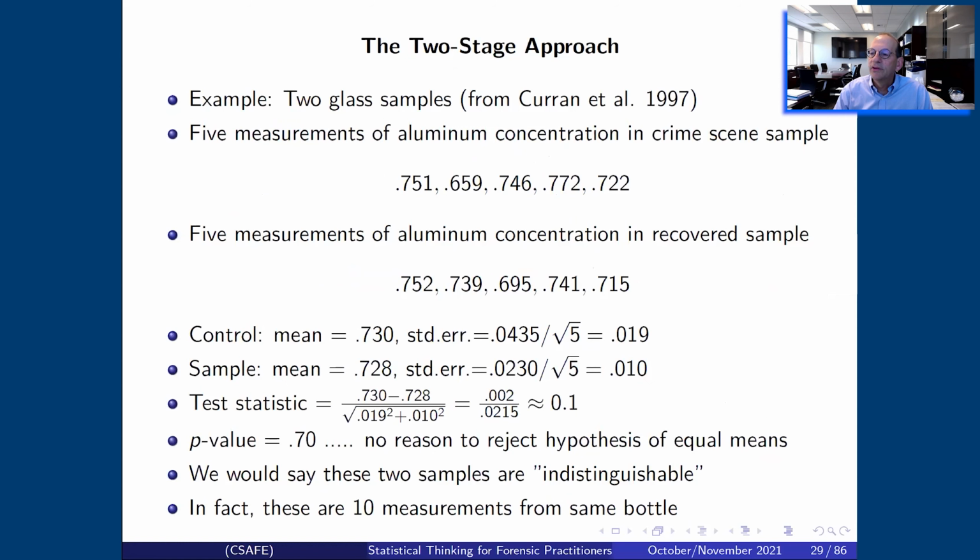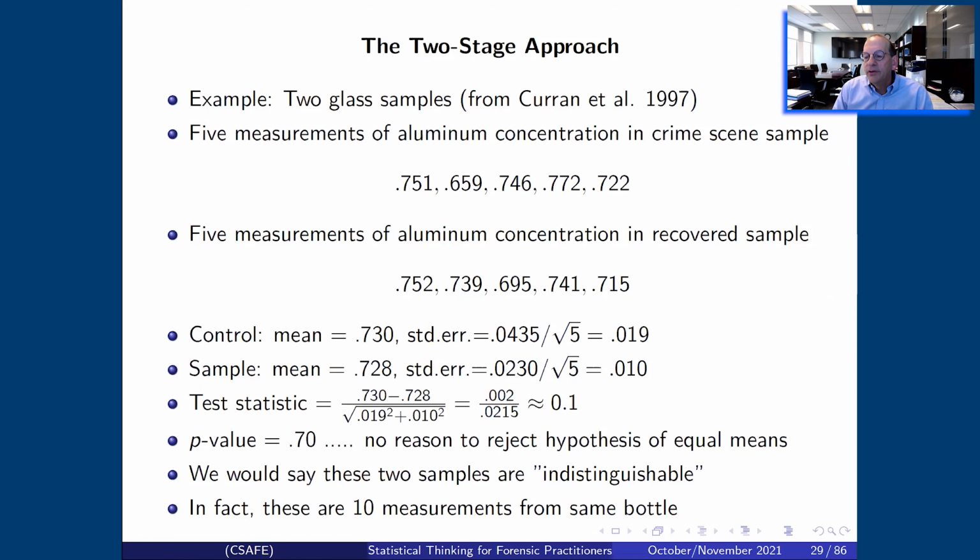So that's the statistical test. And here's an example, again, not to go through in detail, but to show you that you might have 5 measurements of aluminum concentration in 2 different samples. In this case, they appear to overlap a fair bit. So we might say these probably could have come from the same source. They probably cannot be distinguished.